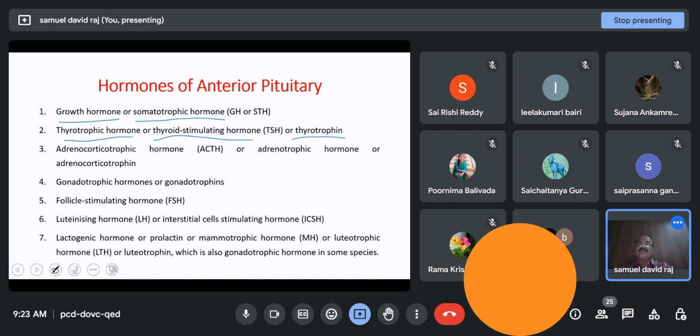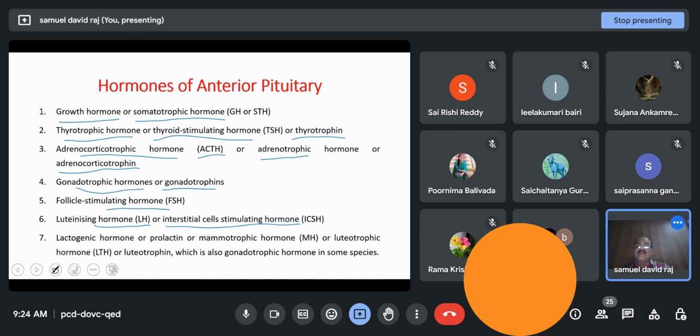Third one, adrenocorticotrophic hormone, in short ACTH, or adrenotrophic hormone, or adrenocorticotrophin. Fourth one, gonadotrophic hormones or gonadotrophins: follicle stimulating hormone, luteinizing hormone in female, and in males it is called interstitial cell stimulating hormone.